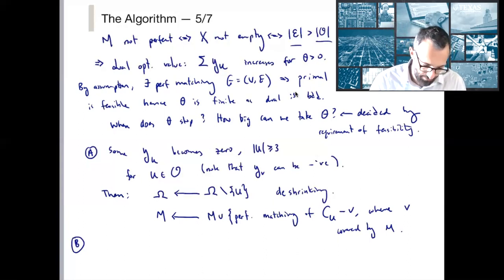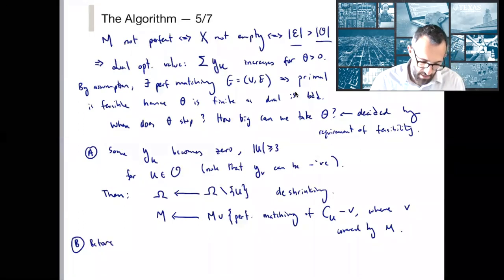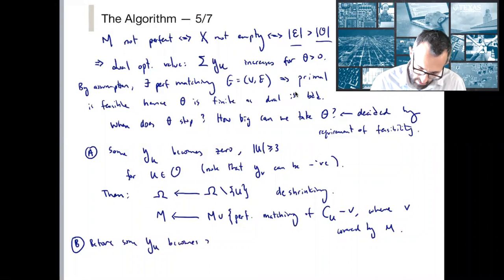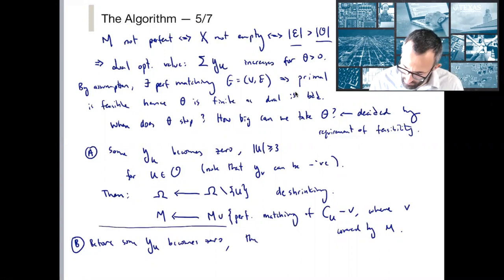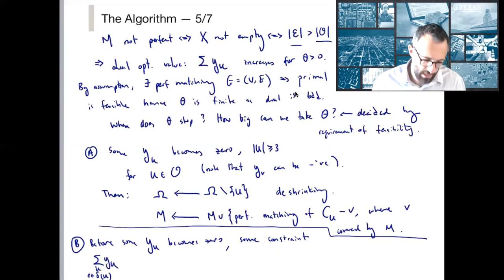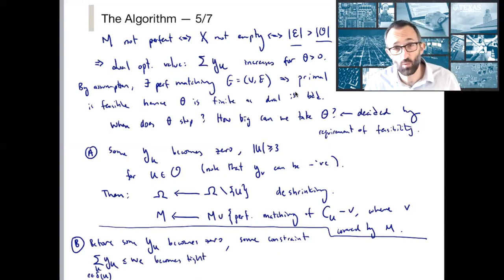So this is case B: before some yu becomes 0, it could be that some constraint of the form sum of yu less than or equal to we becomes tight for some edge for which it wasn't already previously tight.